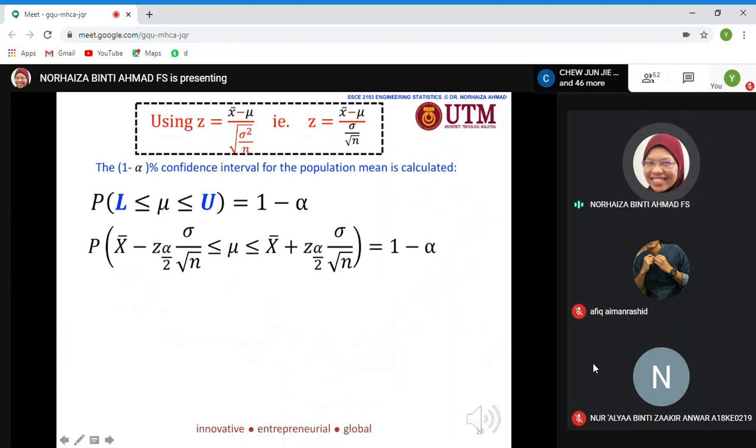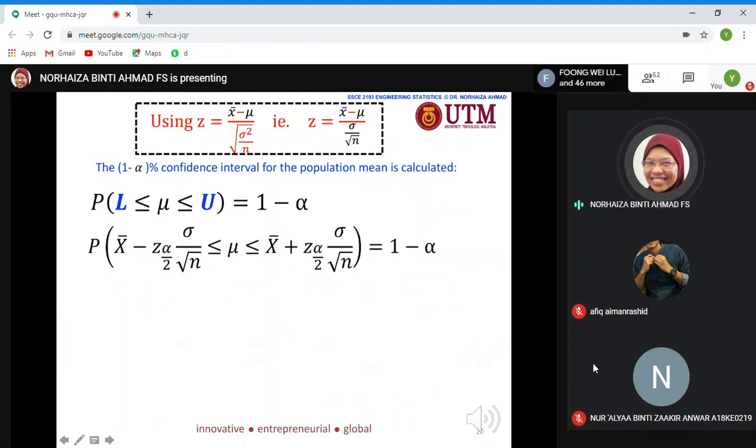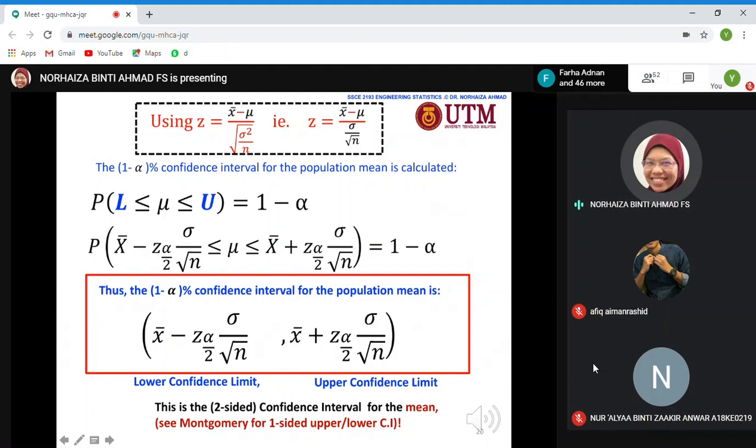So I'm not going to derive it, but you can actually use this statistic, this Z, to derive and get your confidence interval as follows. Okay, so notice that this is your marginal error, yeah?